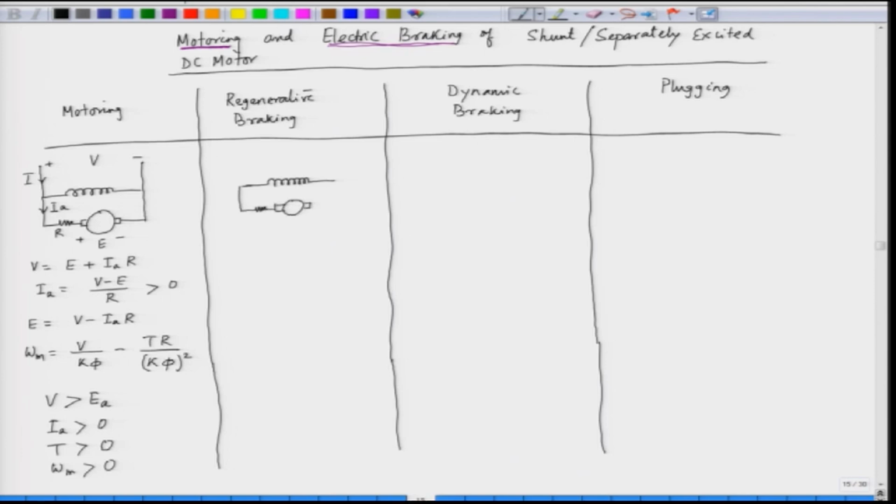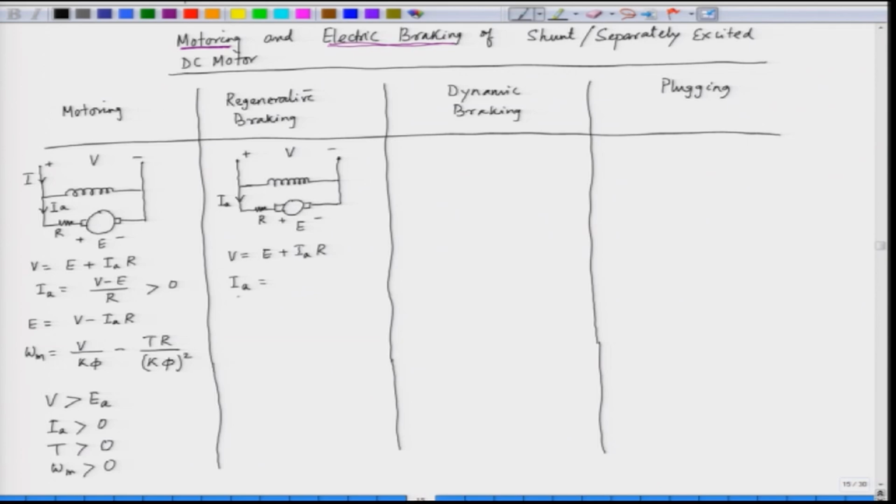We have the armature and we have applied voltage V, the field and the armature, and this is the armature current I A, the resistance, and we have the back EMF, that is E. Now, in this case also we can write down Kirchhoff's voltage law, that is V is equal to E plus I A R. And what about I A here?